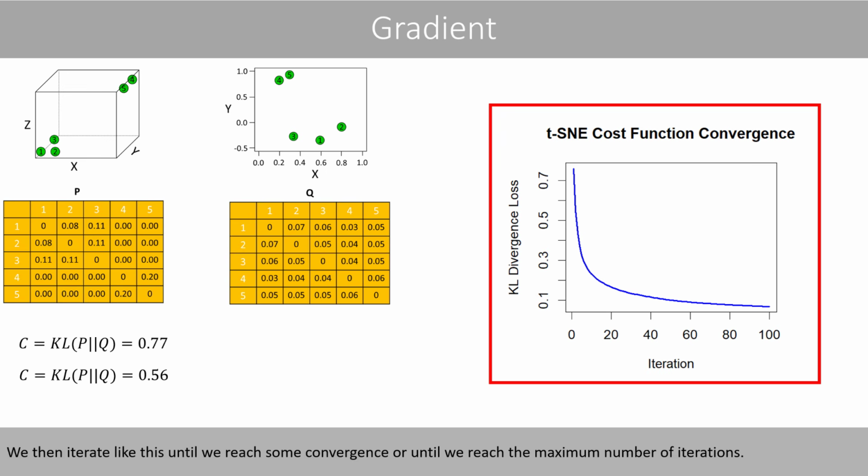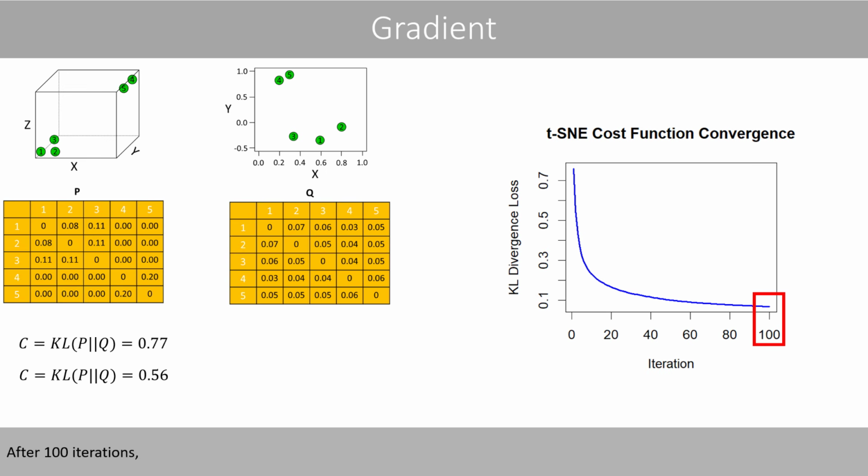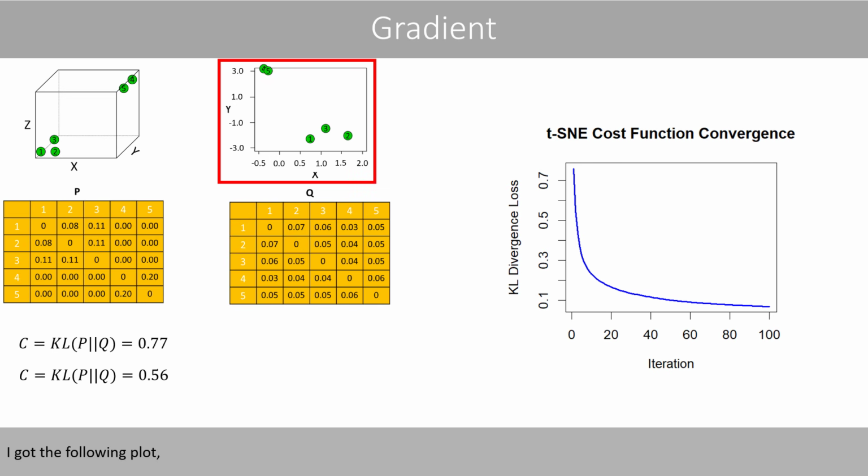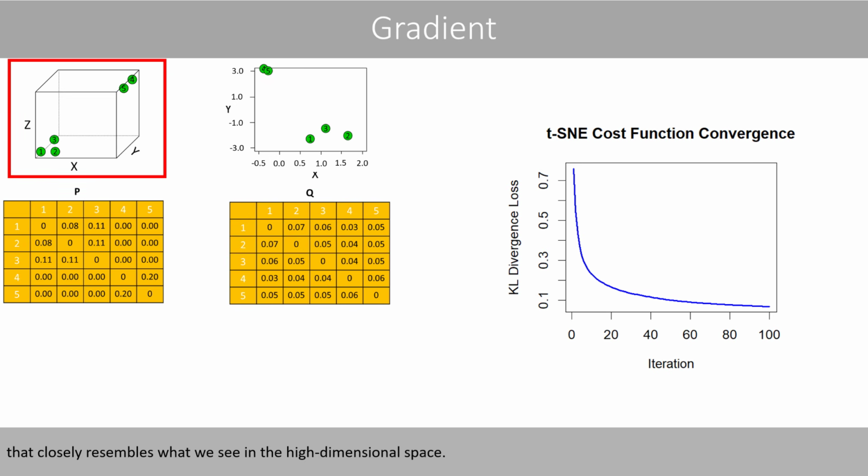We then iterate like this until we reach some convergence or until we reach the maximum number of iterations. After 100 iterations, I got the following plot that closely resembles what we see in the high-dimensional space.